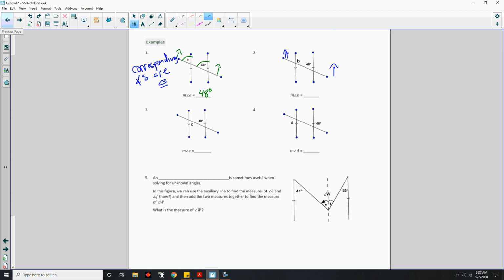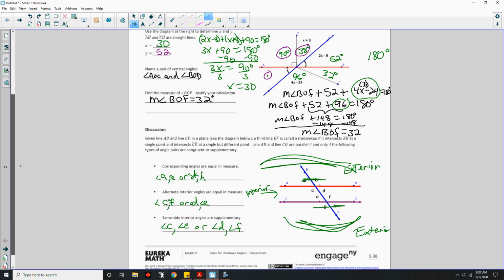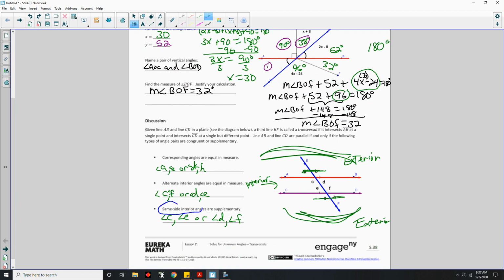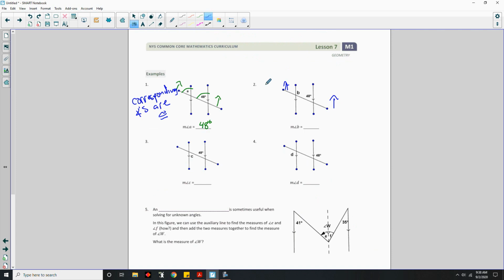And if I go back and look at the last page, same side interior, one's acute, one's obtuse. Same side interior are supplementary.